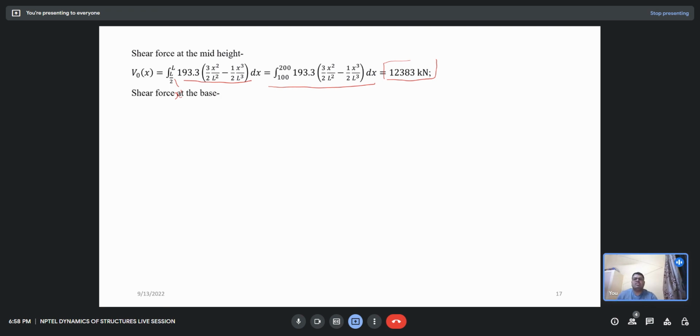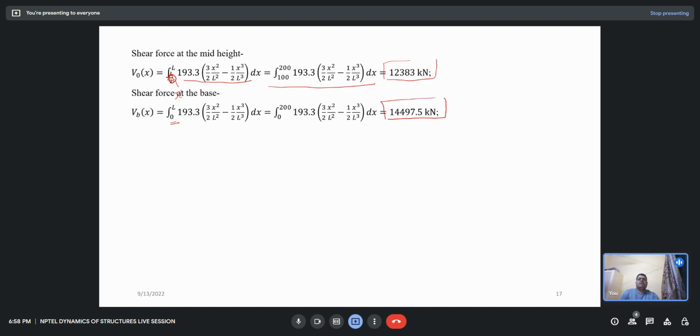If you want to calculate the shear force at the base, x test becomes 0. So this is your expression for 0. If you calculate this, you will get 14,497.5 kilonewton at the base. And this is the plot of the shear force at different locations.